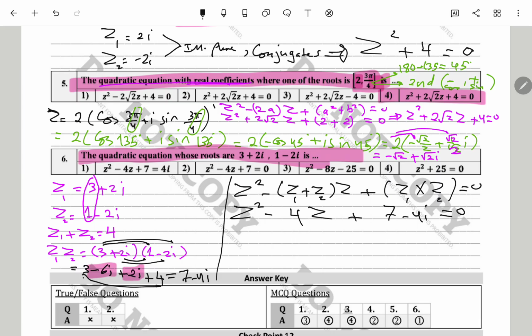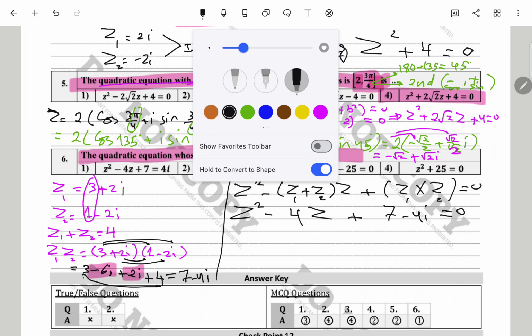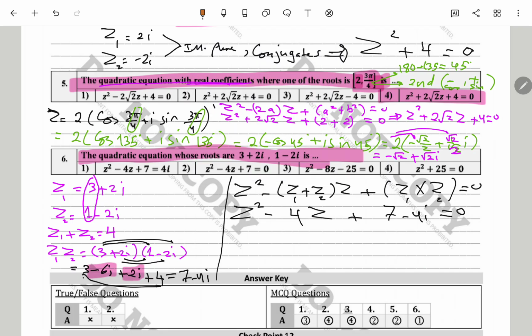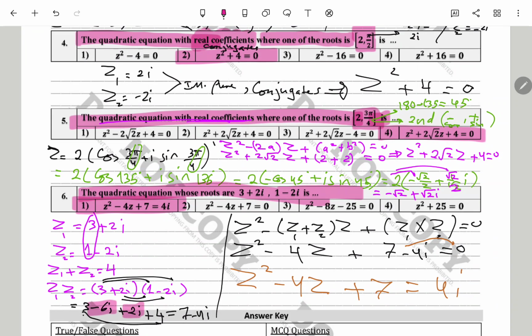You can find this answer if you move this negative 4i to the other side, and that will change it to be positive. And you can get z squared minus 4z plus 7 equals 4i, and that will make it this alternative, which is the first. Thank you very much. Good luck.